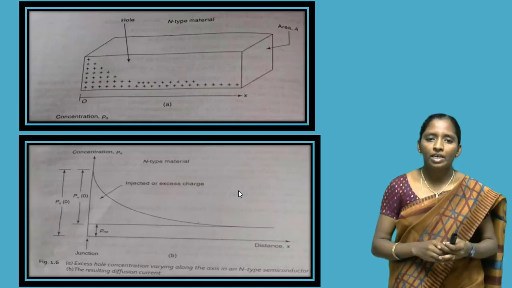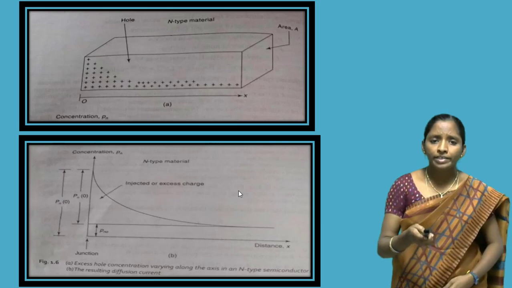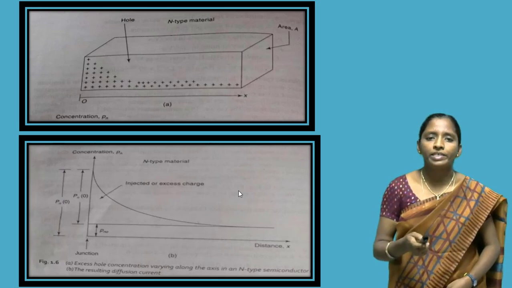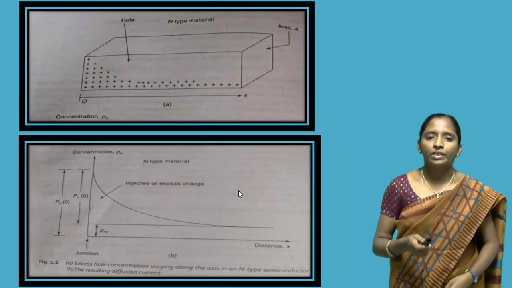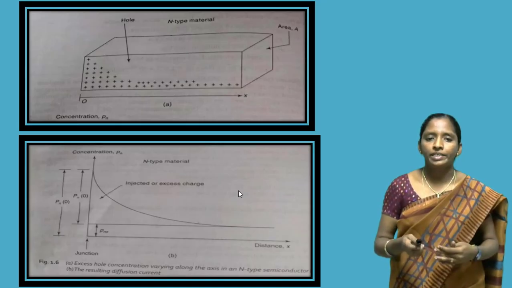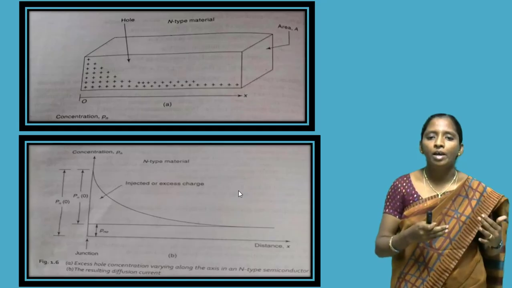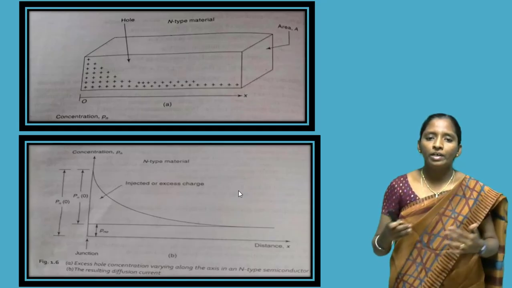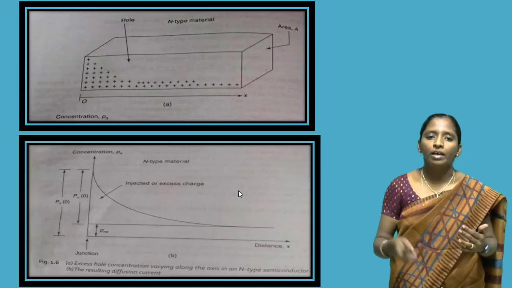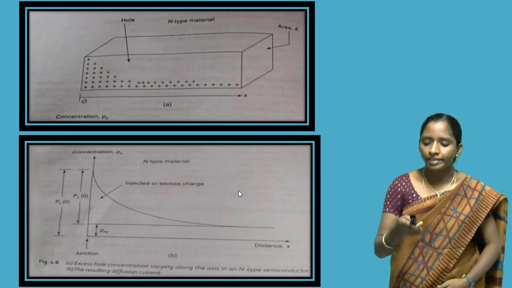The area is represented with A. Here the concentration p naught of x decreases with the distance. At the start the concentration is higher, but as the distance increases, the concentration decreases in the second figure.